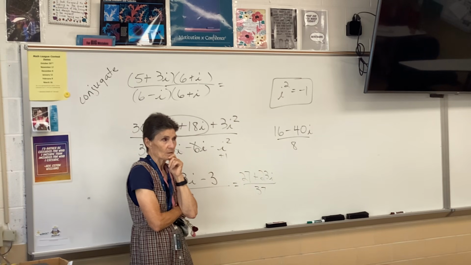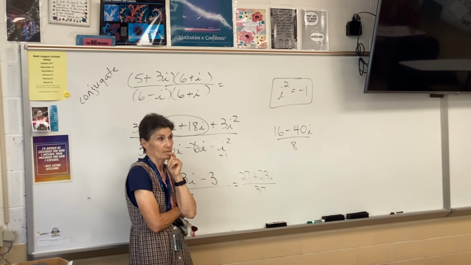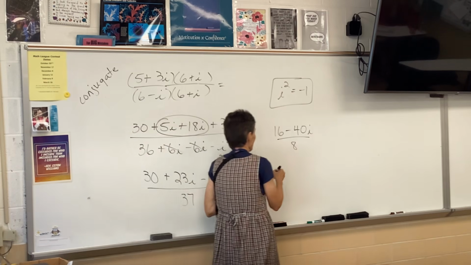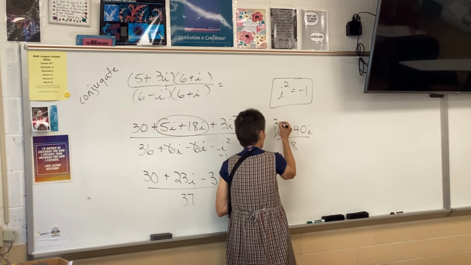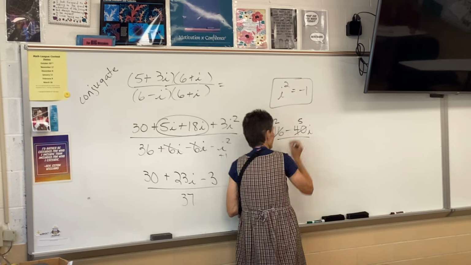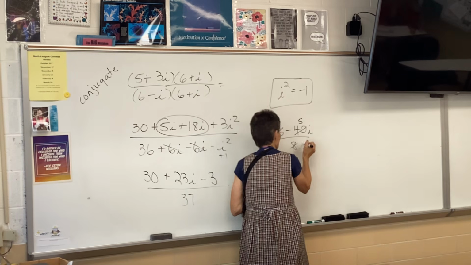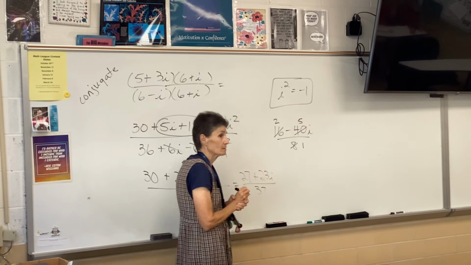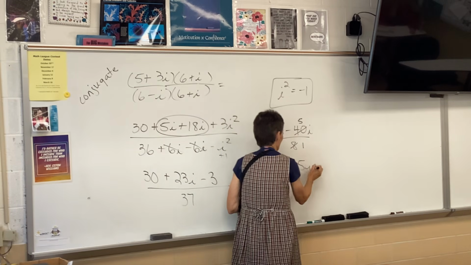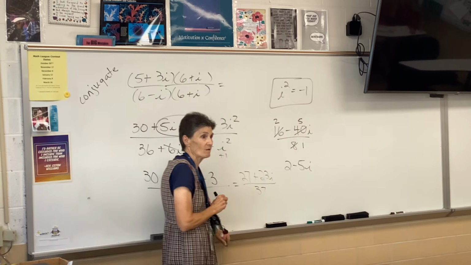You can take an 8 out of everything. An 8 into 16 goes twice. An 8 into 40 goes 5 times. And an 8 into 8 goes once. And so I would just end up with 2 minus 5i over 1, or just 2 minus 5i.